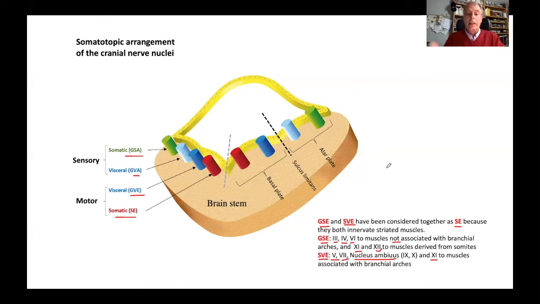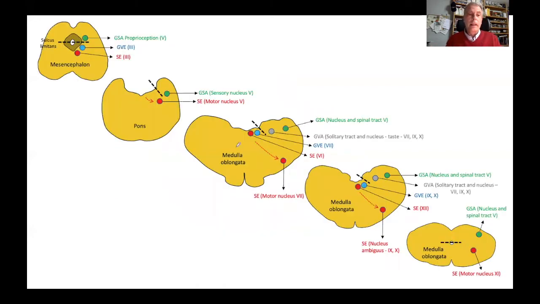However, some of the cells have moved to another location. Here I have represented for you sections at different levels of the brain stem. So here you have the mesencephalon, the pons, and the medulla oblongata, the more rostral portion and the more caudal portion of the medulla oblongata.